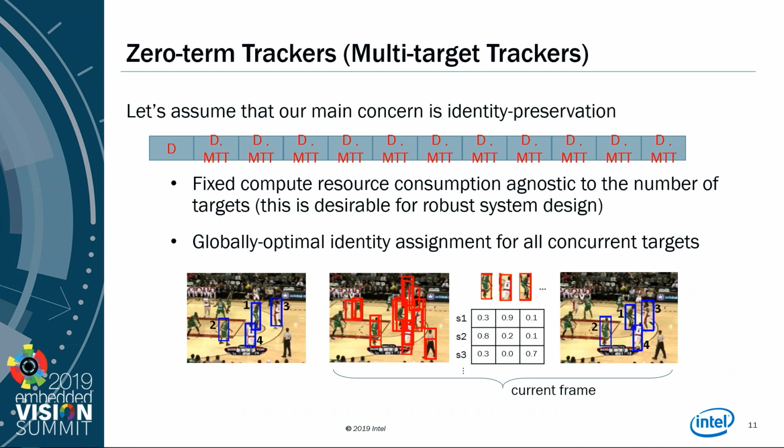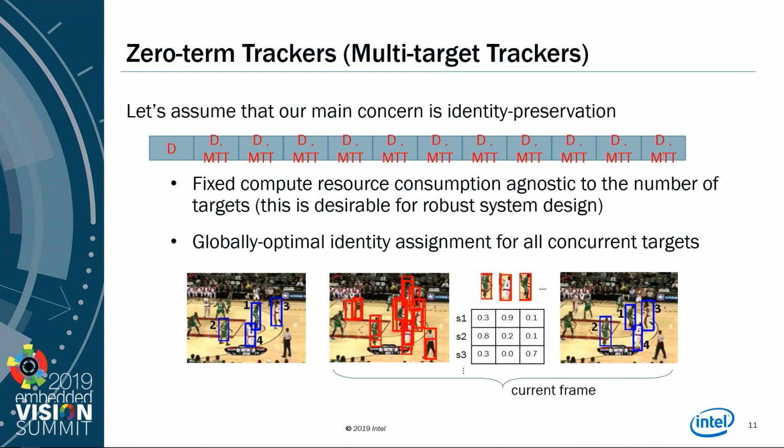This design is very good for robust system design because it uses a fixed compute resource which is agnostic to the number of targets. And also the tracker is especially designed for identity preservation, so it finds a globally optimal identity assignment for all concurrent targets.